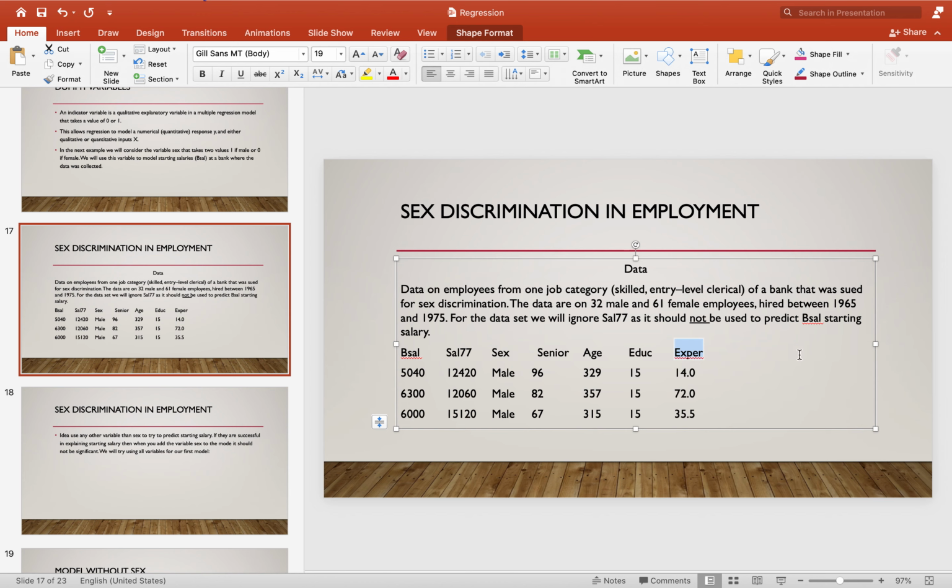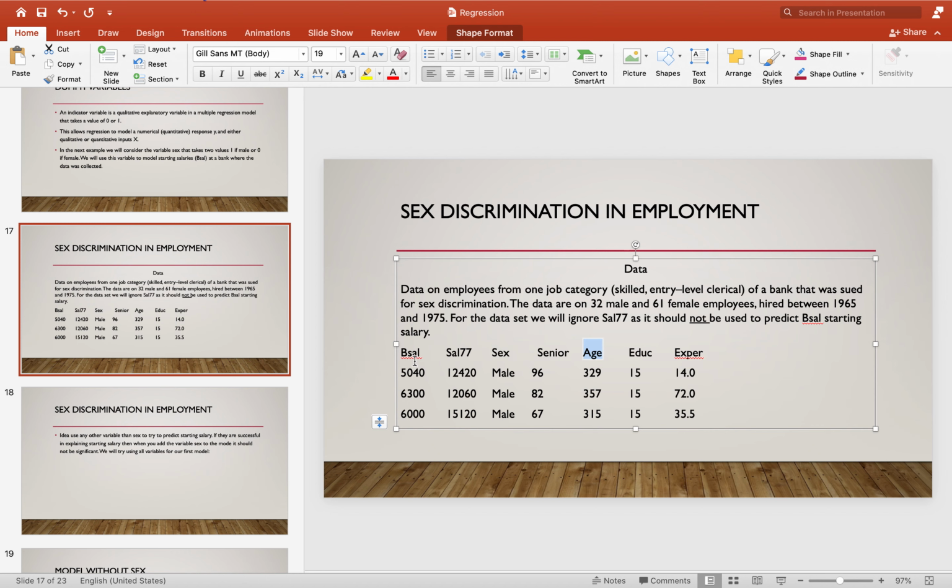Okay. So instead of using age, we could use experience if we want, because that's the actual thing that I hope, someone's age wouldn't affect their starting salaries, and there could be other variables that explain it, such as experience. Okay. It could be that education, which is related to age, affects starting salary.